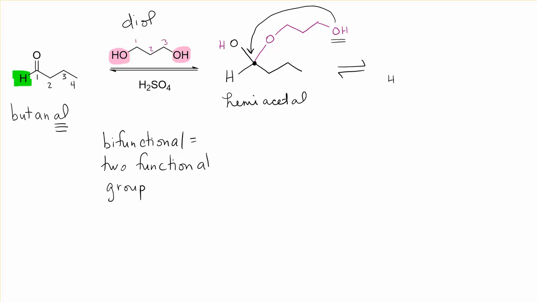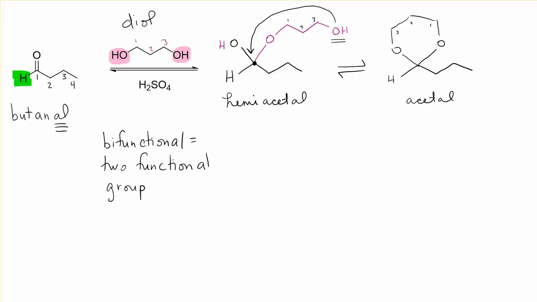Don't change carbon skeletons. We know we're going to have up to the O, and then we have 1, 2, 3, 1, 2, 3, then to another O, and that comes on down. So this is the acetal that is formed.